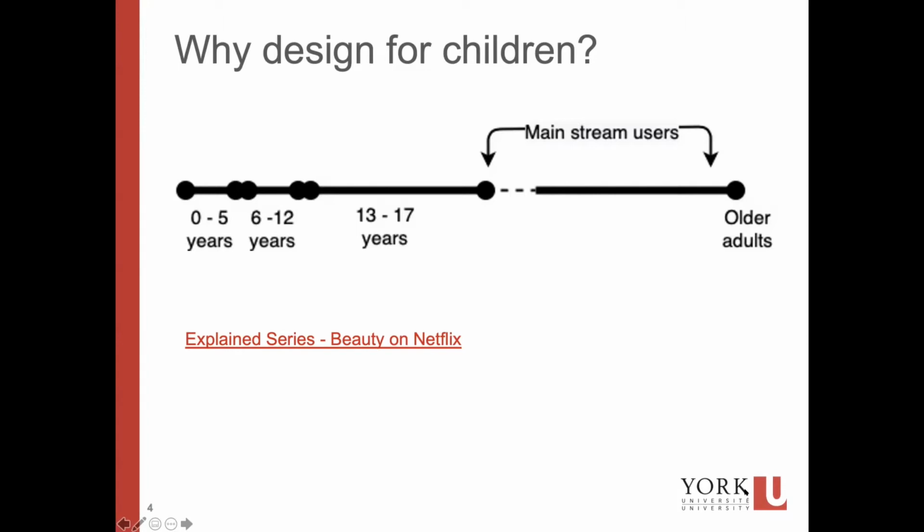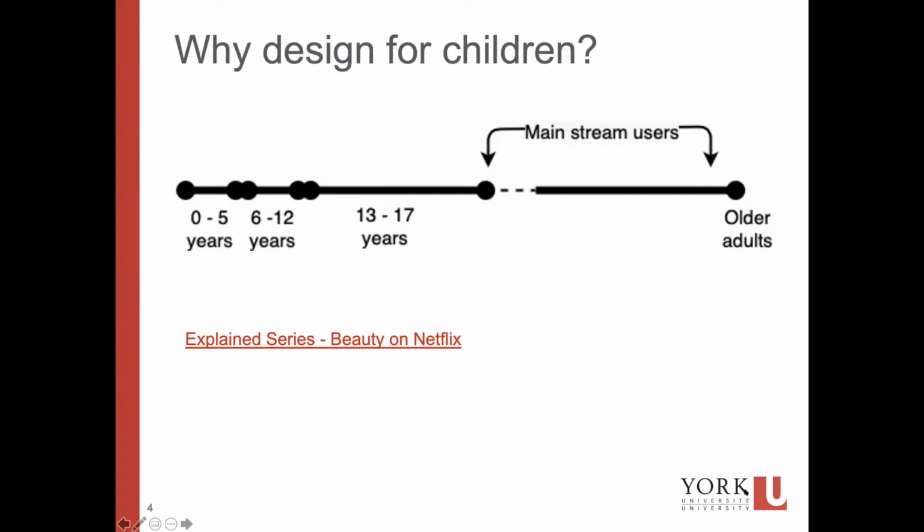I do recommend watching a documentary on Netflix, which is a series of episodes, and one of the episodes is about explained beauty. One of the things they highlight about children is the stereotypes incorporated by some of the brand companies on the preference of colors in children.